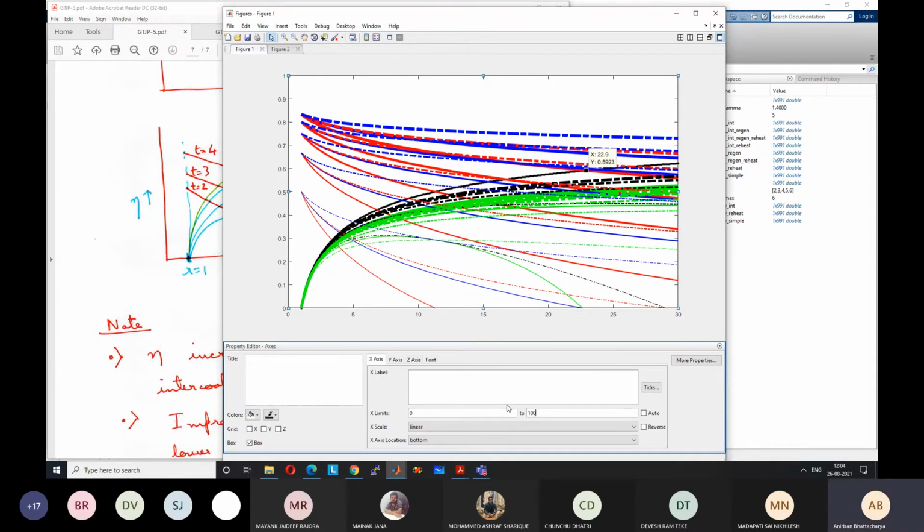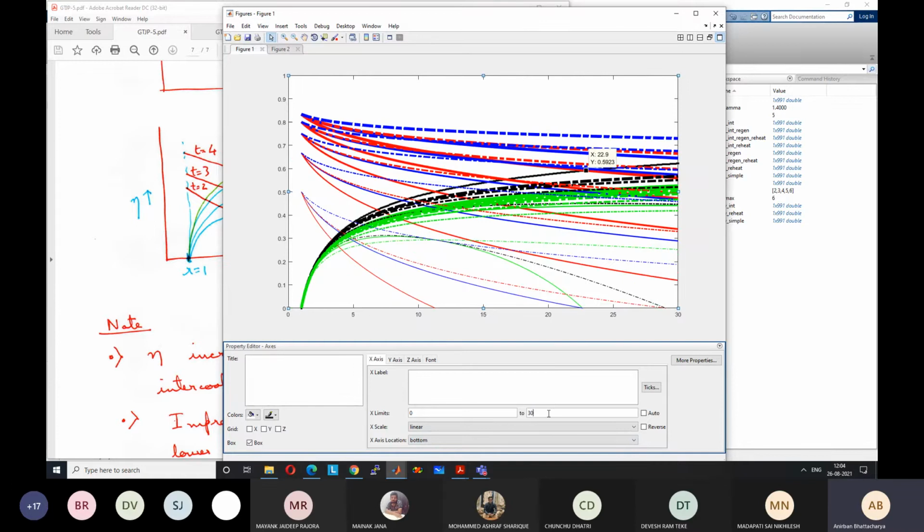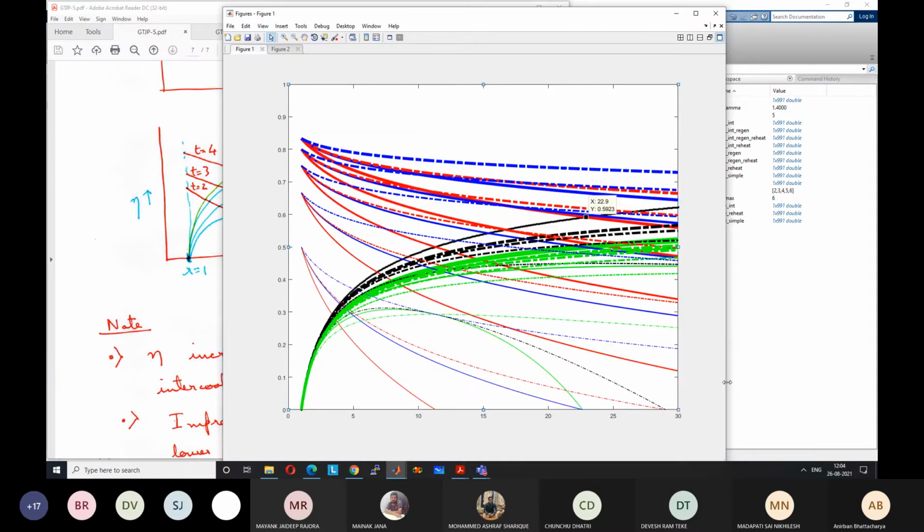Let us check. No, not for this one. Whereas work output, I have closed it.